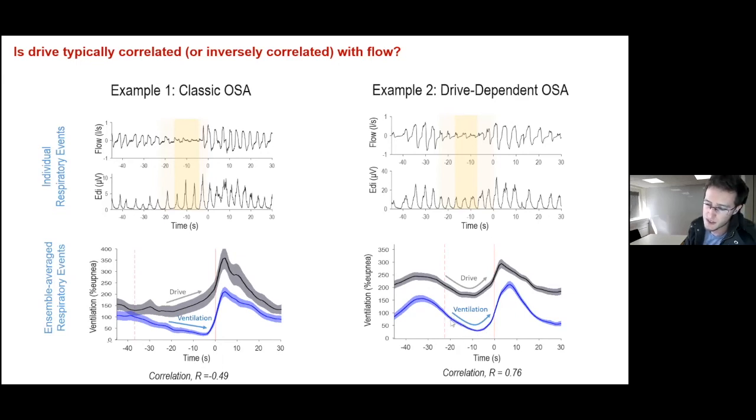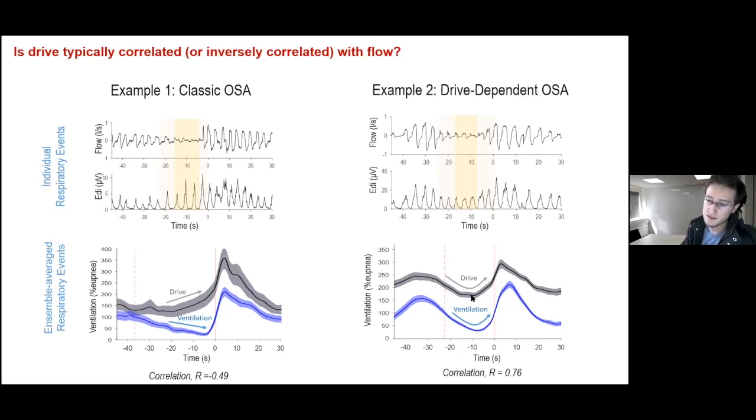The flow shape tells you that. So I actually prefer the peak flow as a measure of their upper airway function, but their conductance is now roughly a quarter or a fifth of drive, right? So flow is about 20% of drive.